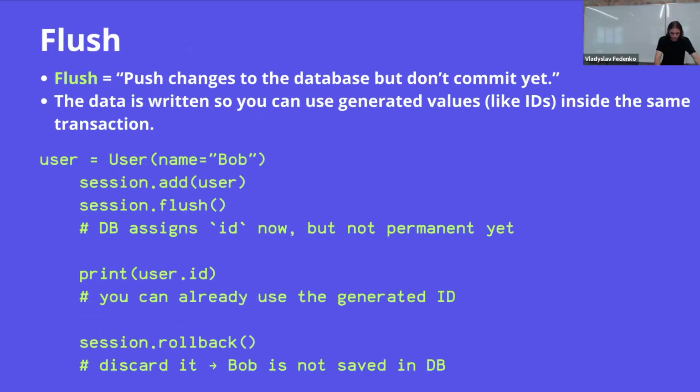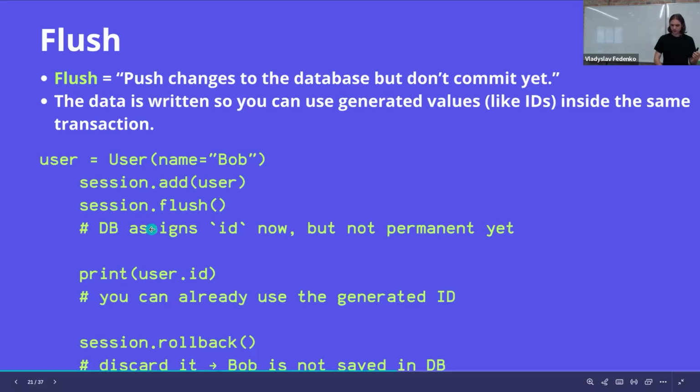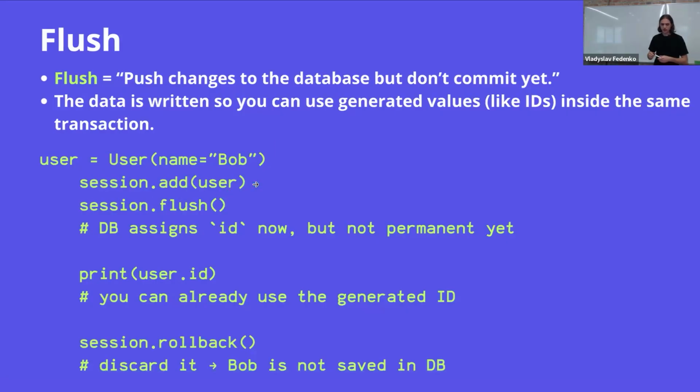Next, the flush. Flush lets us push changes to the database before committing. This is a great example: we have our user, we added this user, and we need our user ID for another operation. We need to create a user, and then use this user as a foreign key for some other operation.